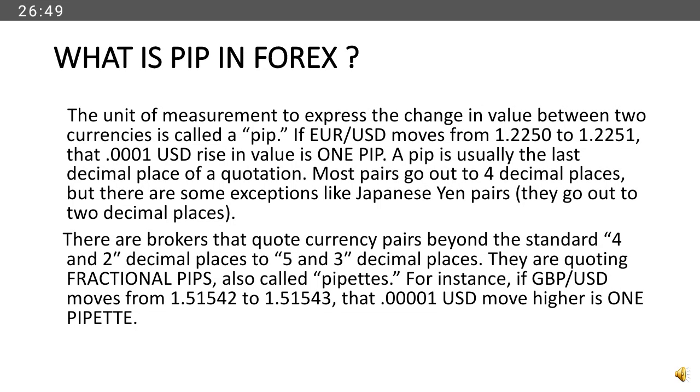So there are brokers that quote currency pairs beyond the standard 4 and 2 decimal places to 5 and 3. They use 5 and 3. When I say 3, that's the yen pairs.